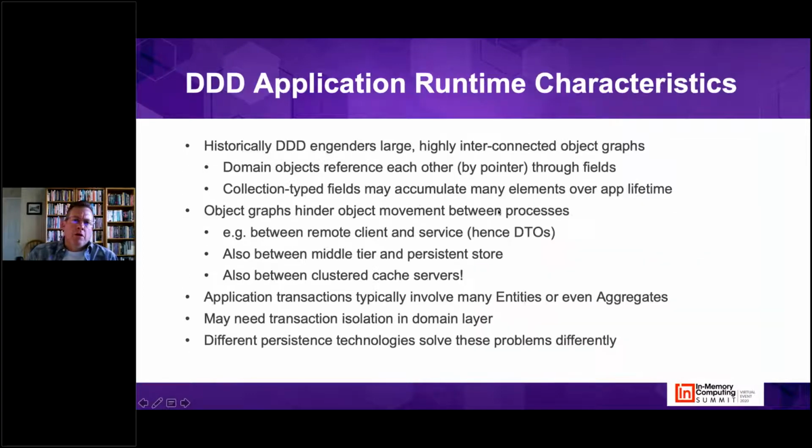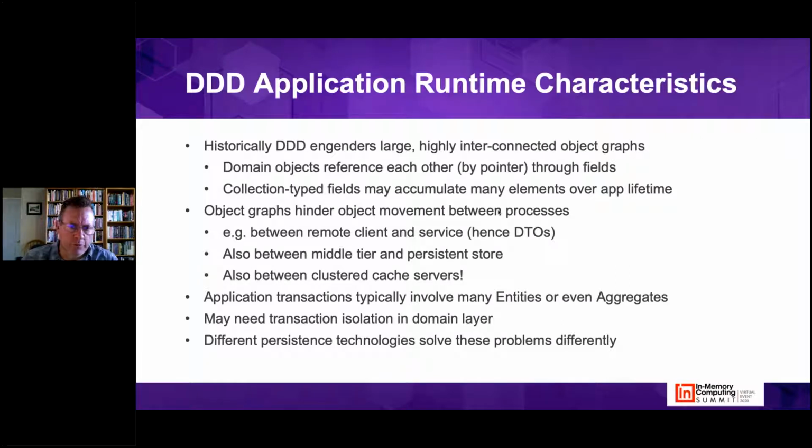And when you have an application implemented with the domain-driven design architectural style, these applications tend to have certain runtime characteristics. Historically, especially with object relational mapping tools, domain-driven design causes large, highly interconnected object graphs to hydrate into the memory of a process, like an application server, let's say a J2EE server with Hibernate. As you retrieve objects from the database, they end up filling up the JVM heap, and they're all pointing to each other.